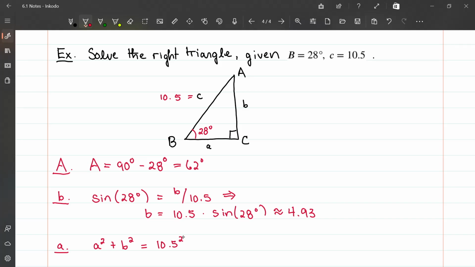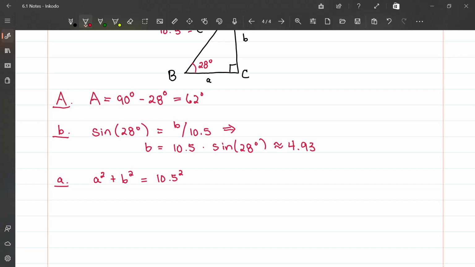Little c isn't so bad, so I'll go ahead and just put 10.5 squared. Kind of like we did earlier, I can rewrite this by simply subtracting b squared from both sides, which gives me the equation little a squared is equal to 10.5 squared minus little b squared.